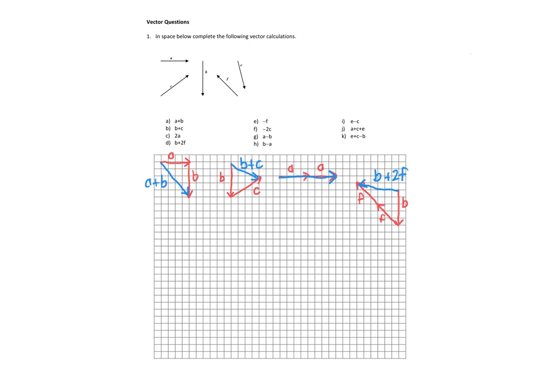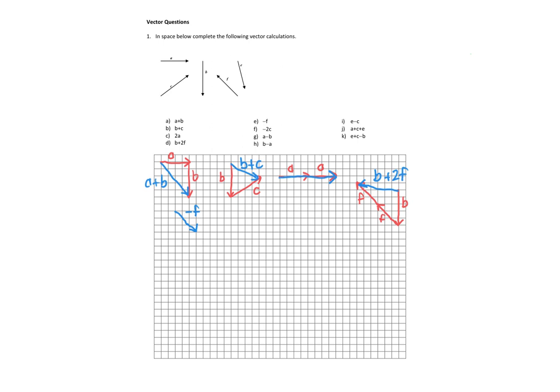And then if we go on to the minus F, I won't even do the F in there. Minus F is just going to be the same length, but in the opposite direction. That's minus F. And then we've got minus 2C. So minus 2C is going to be the same length but the opposite direction as C, and it's going to be twice the length.